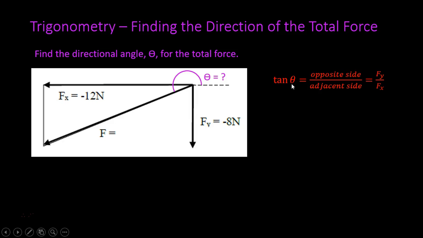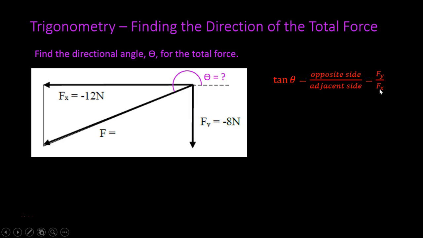The tangent of theta is the ratio of the length of the opposite side divided by the length of the adjacent side. In a right triangle, this is the adjacent side. We would know it in physics as the x component. And the opposite side is just a mirror image of what we know as the y component.